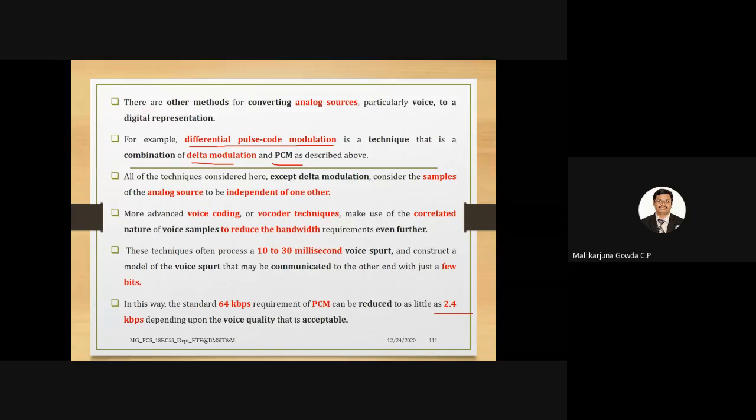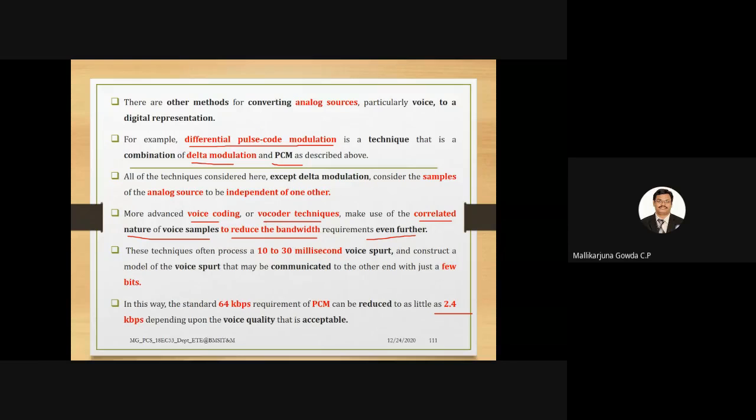What we wanted to say is that those things are used in vocoders. Vocoder, are you aware of that? It is voice coder and decoder. More advanced voice coding or vocoder techniques make use of the correlated nature of the voice samples to reduce the bandwidth requirement even further.